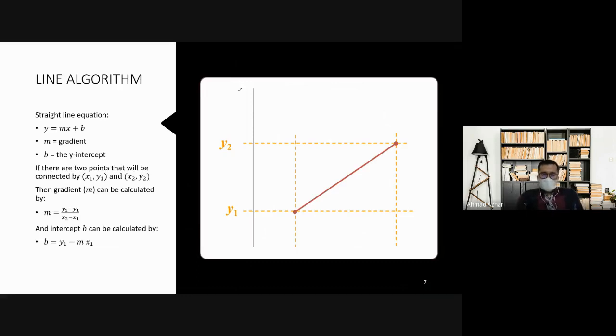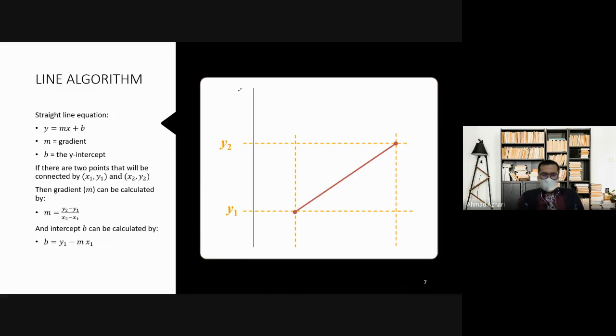The first line algorithm that will be explained is the straight line algorithm. When you see on the screen, there is a y-axis and an x-axis.